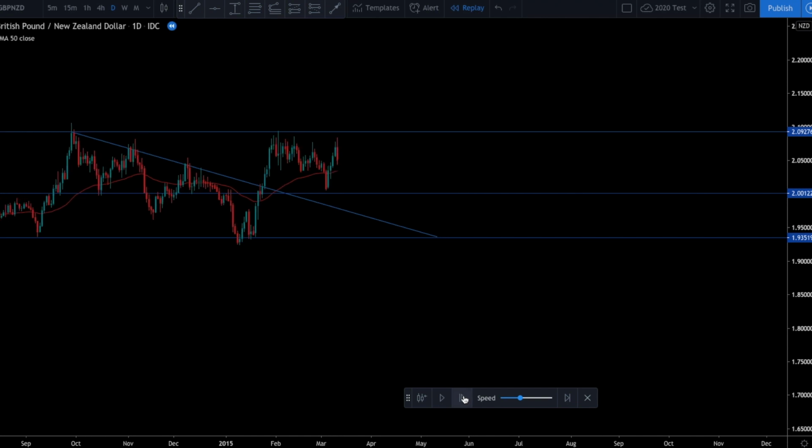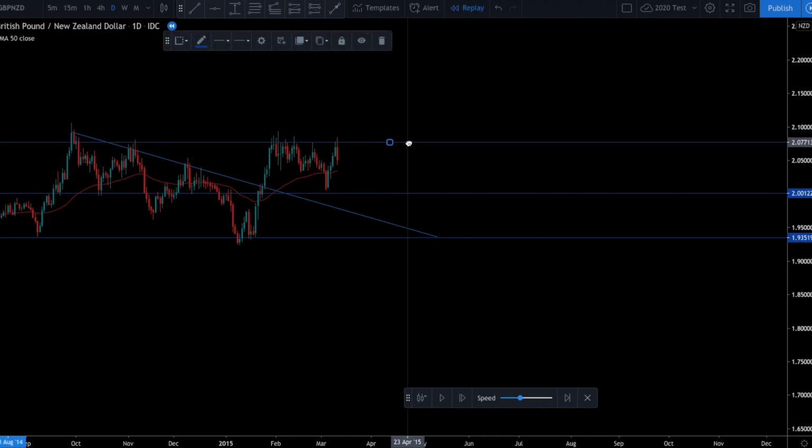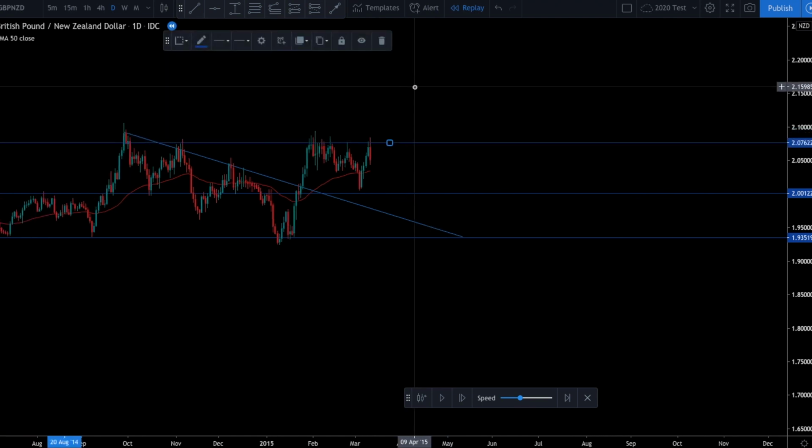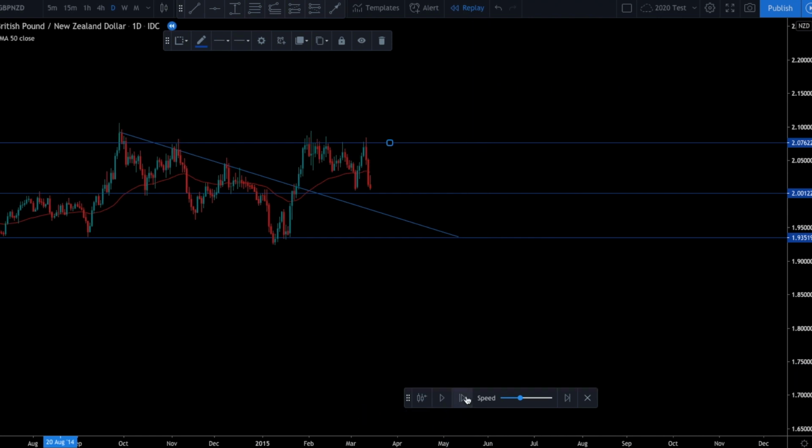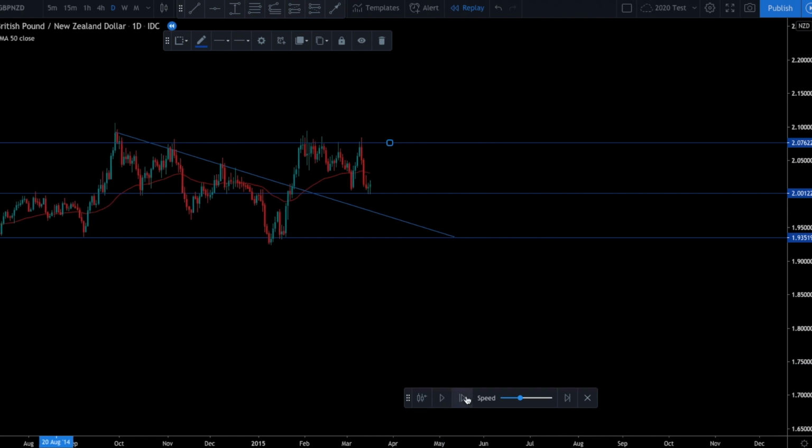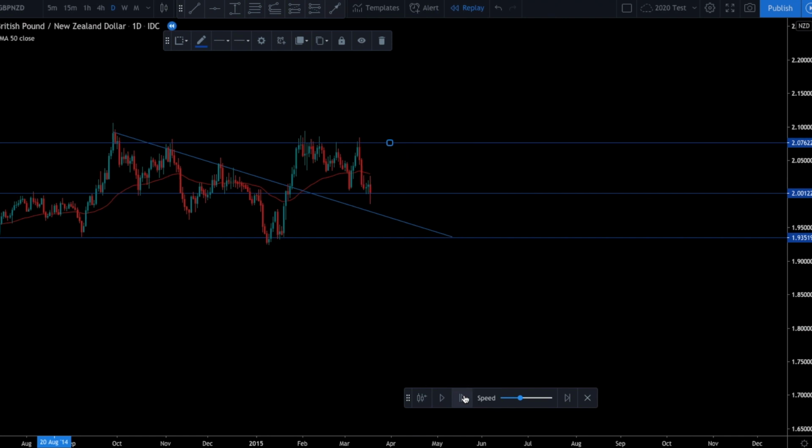Let's see. Okay, so now, what I think is about to happen is it's just going to go through this range, and until it breaks this line or this line, it's probably just going to be choppy.